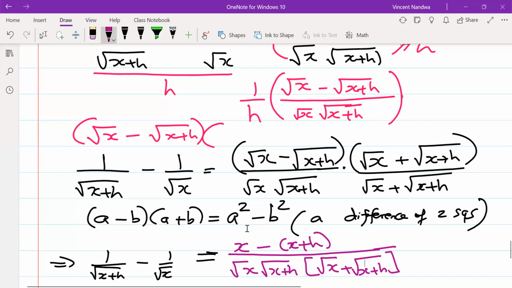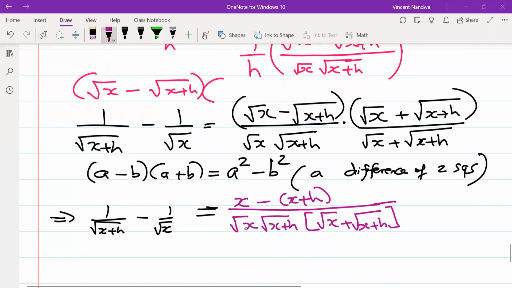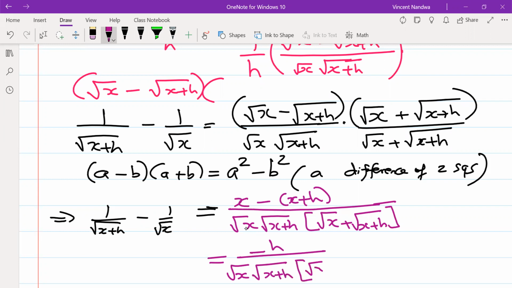So what will be the value in the numerator? H, but negative, negative h. So over square root of x plus h into root x plus root of x plus h. Okay. So when you divide this by h, you are sure that you will not have h in the denominator as one term.